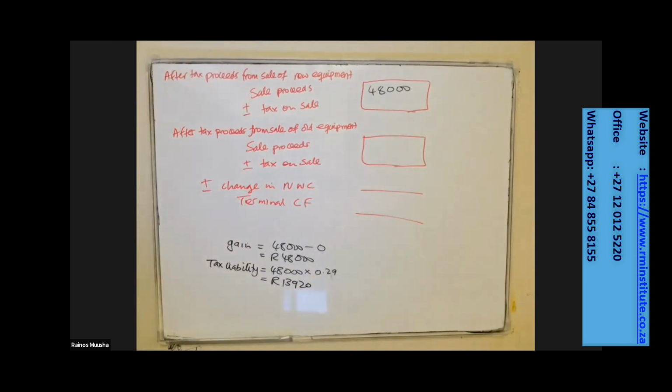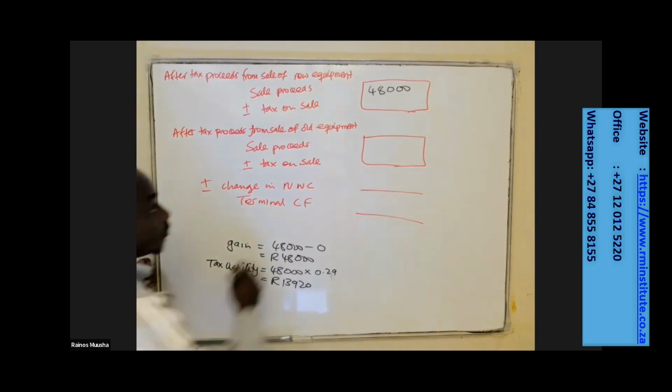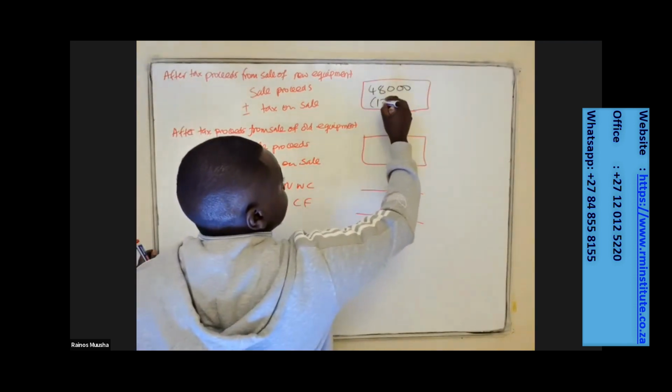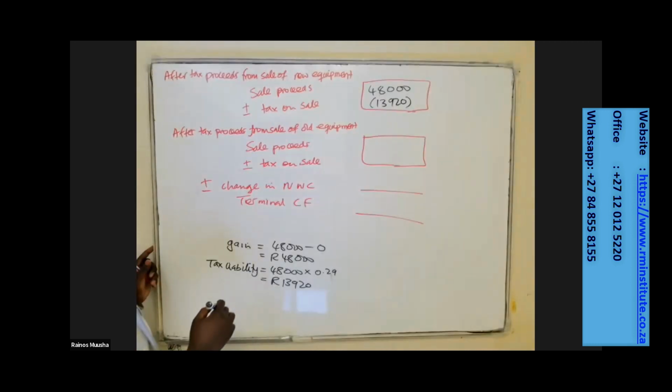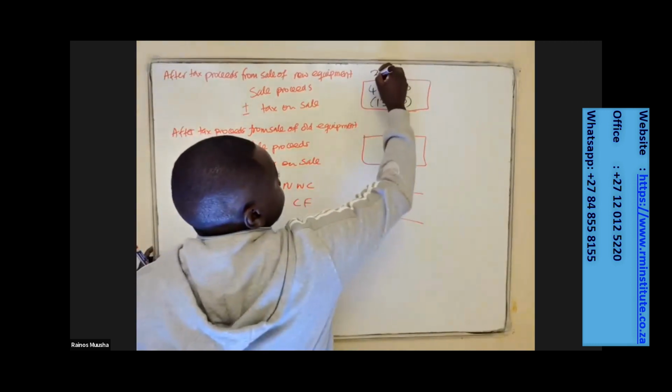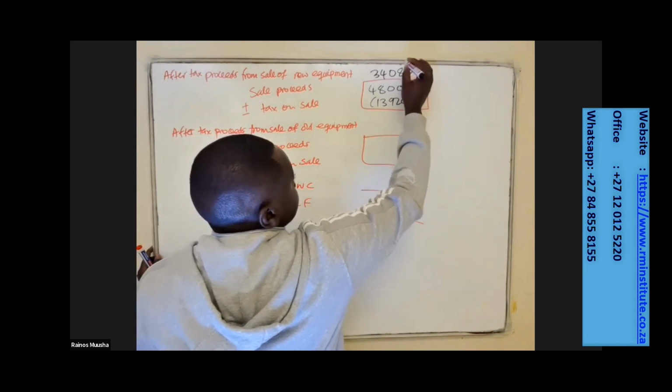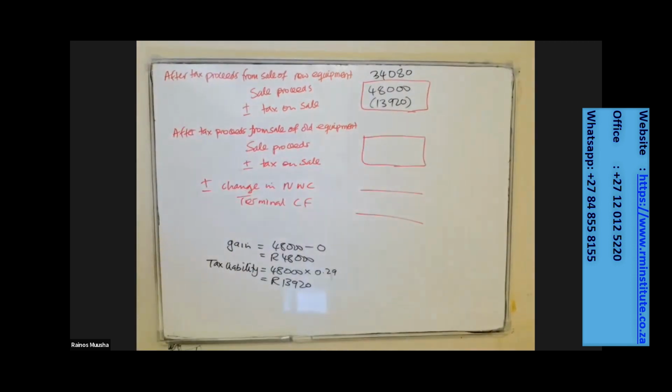If we take out a tax liability of 13,920, your after-tax proceeds is going to be equal to 34,080.